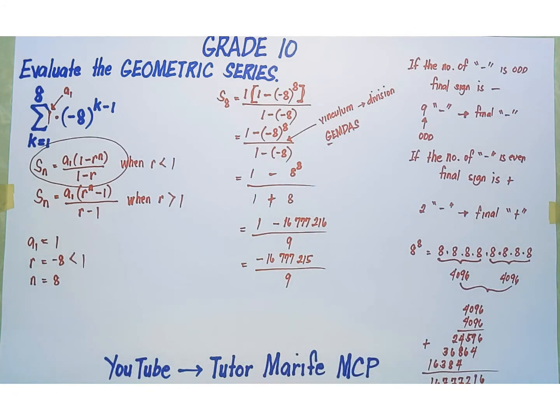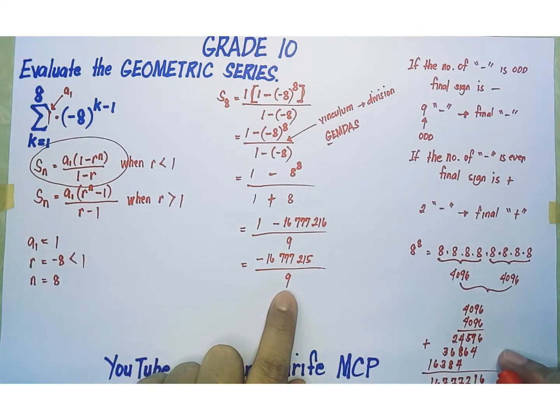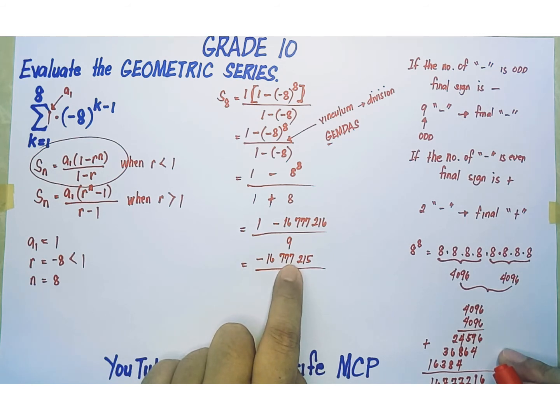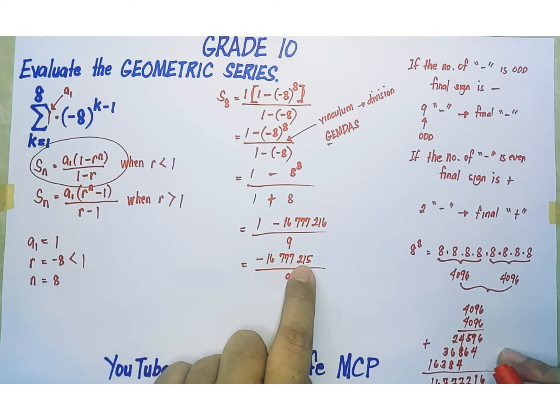Okay. Divisibility by 9. You add up all the digits of the number, then check if the sum of its digits is a multiple of 9. So 1 plus 6, 7 plus 7, 14 plus 7, 21 plus 7, 28 plus 2, 30 plus 1, 31 plus 5, 36.